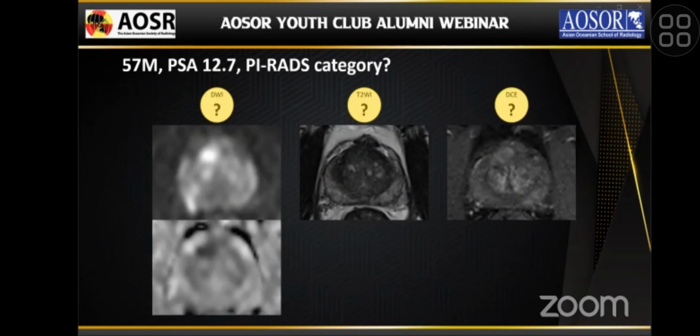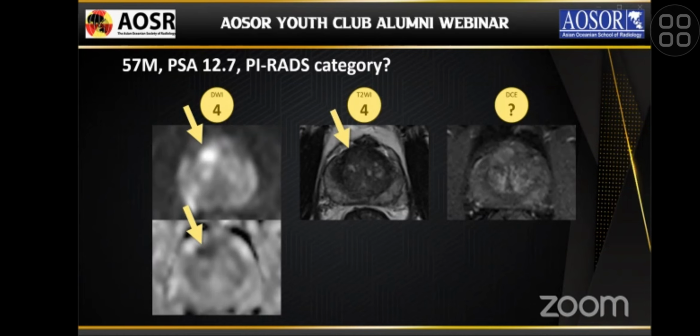Okay, let's evaluate some TZ cases based on PI-RADS. Please try to score each sequence and the overall PI-RADS category. DWI and ADC maps show a focal lesion with marked diffusion restriction in the right transition zone, making the lesion DWI score of 4.